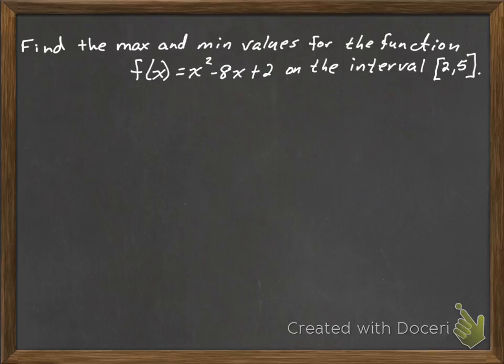All right, so let's just take a problem here and see how this plays out. This says find the maximum and minimum values of the function x squared minus 8x plus 2 on the interval from 2 to 5.